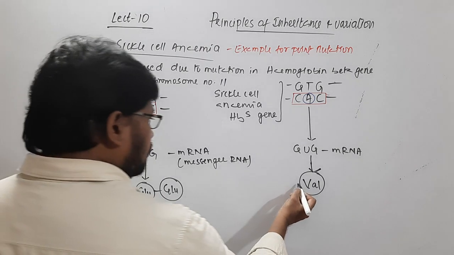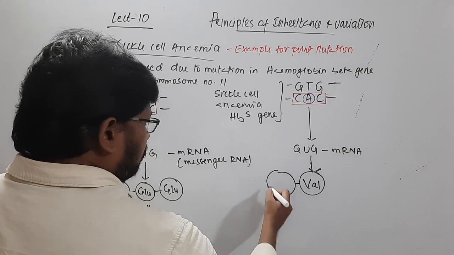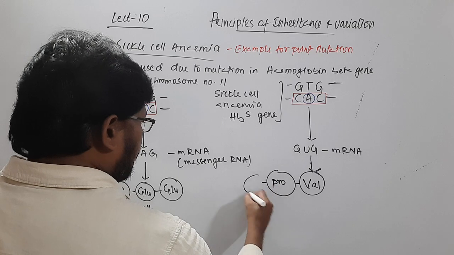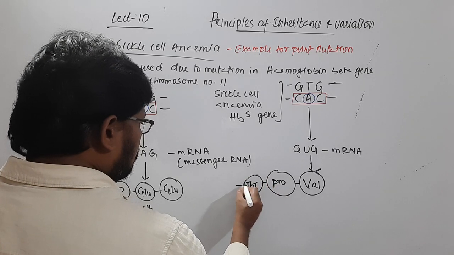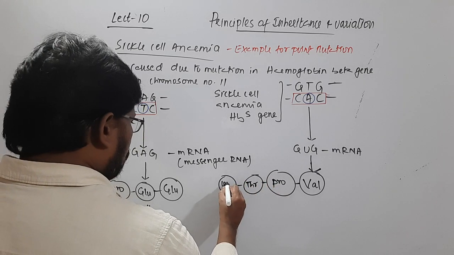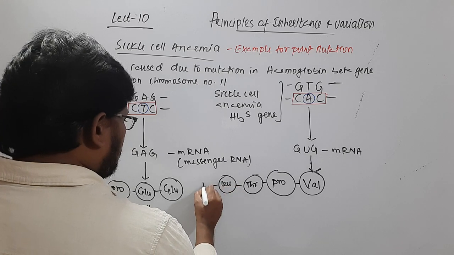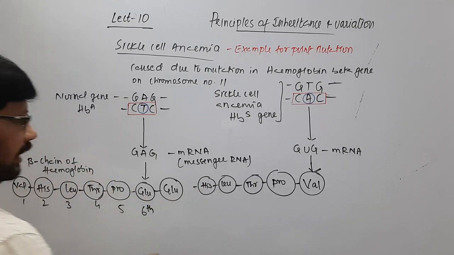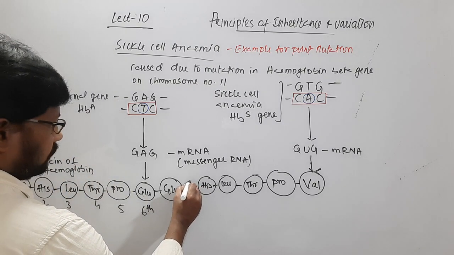The remaining amino acids will remain the same: proline, the fifth one, then threonine, and then leucine, then histidine, and then valine.